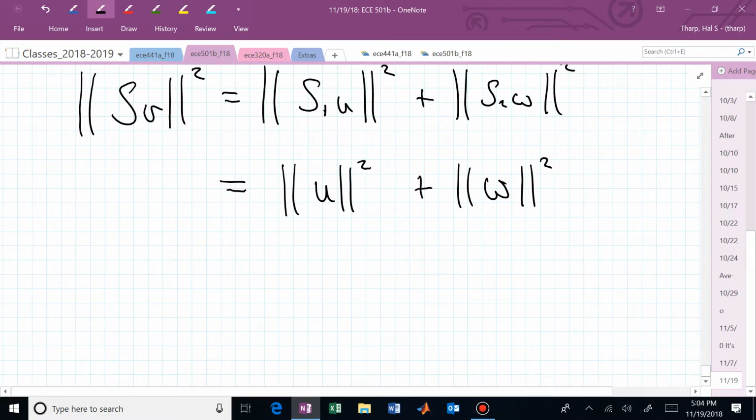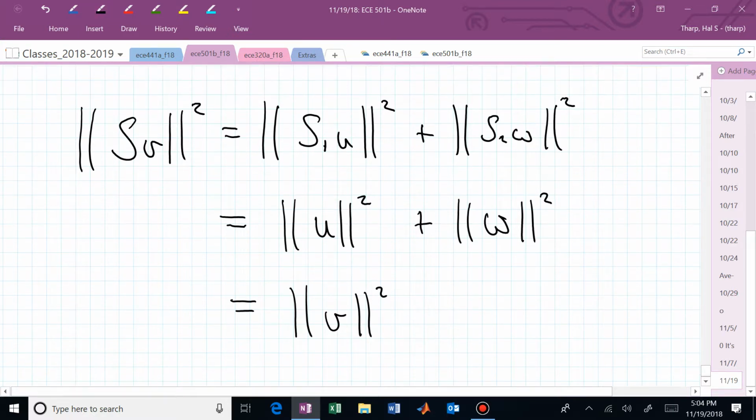But now, what did I know about U and W to begin with? They were orthogonal, and they were coming from two different places, or two different bins, to produce a V. So since they are orthogonal, we can use the Pythagorean Theorem. A squared plus B squared is really equal to C squared, which is the norm of V squared.